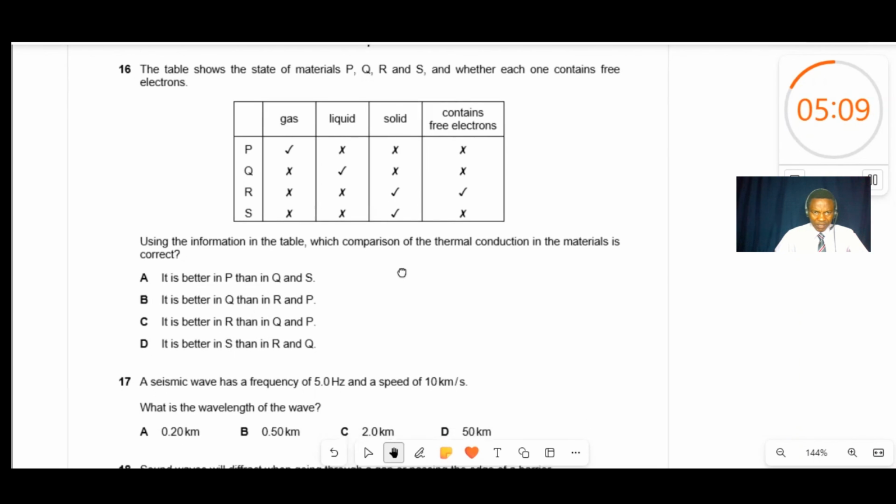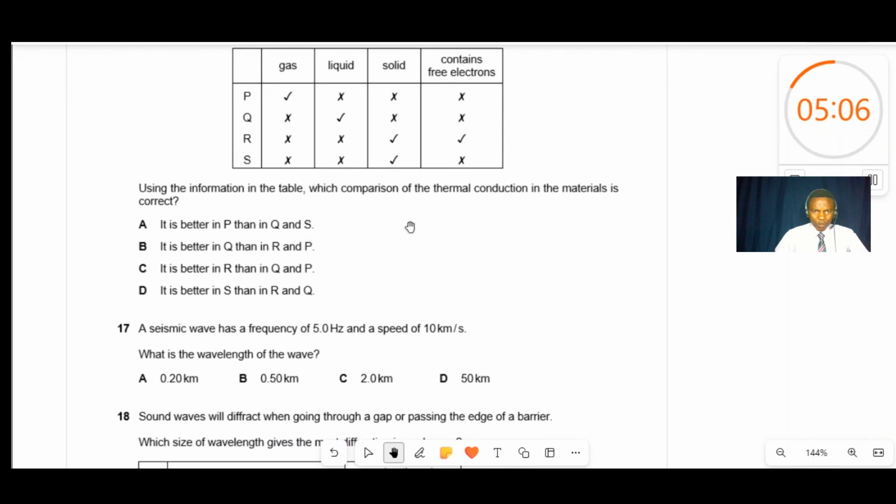If you look at thermal conduction, because it uses free electrons, anything that contains free electrons has higher thermal conduction. And then the solid, there is contact, so R will be the highest, and then the next one is Q.